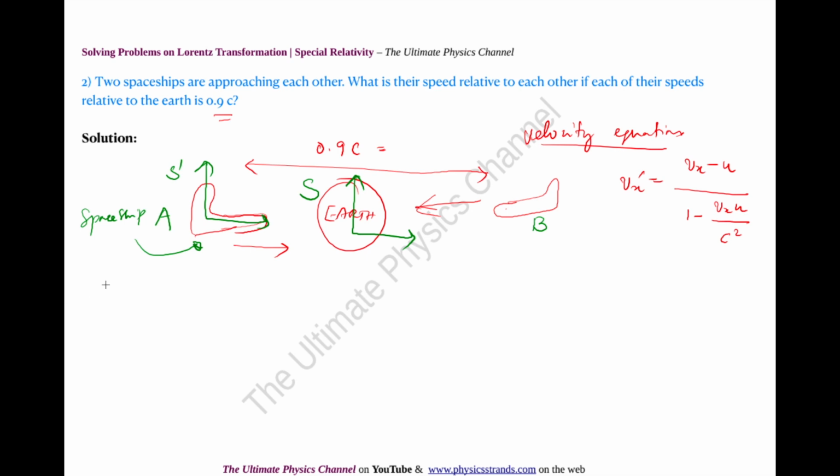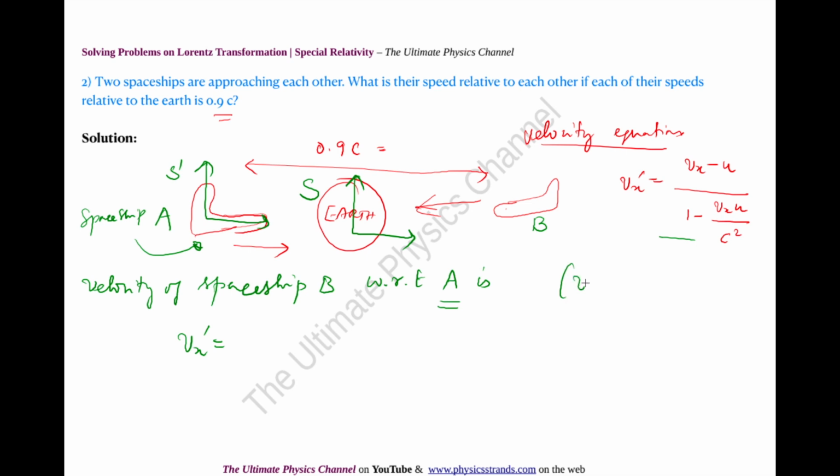So I can write the velocity of spaceship B with respect to spaceship A. In this case, that is Vx prime. We need Vx prime, so we have to use this equation.